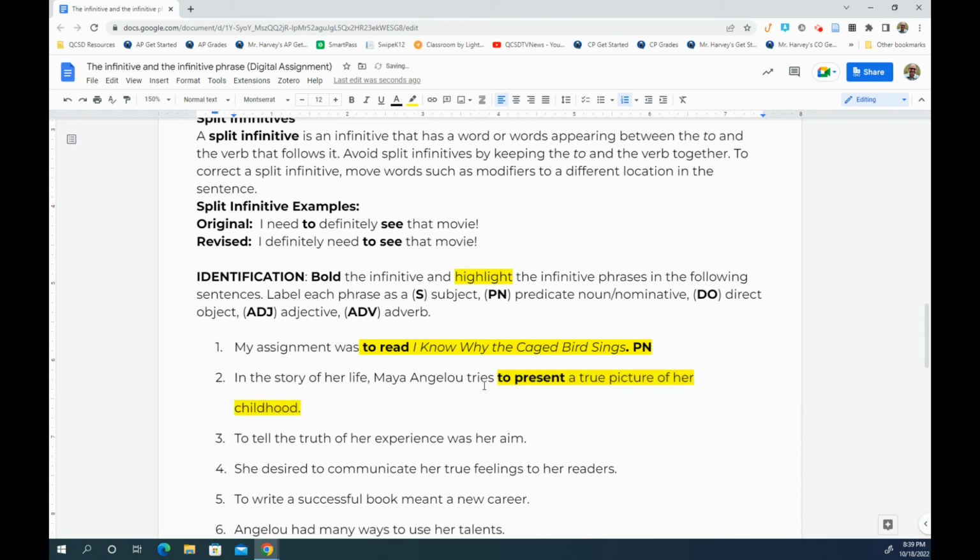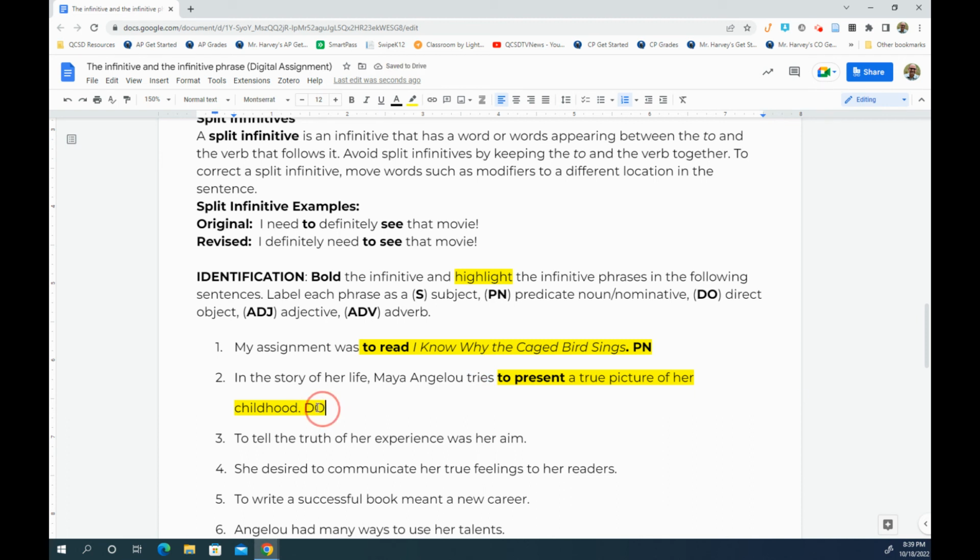And now we've got to figure out what part of speech this is. I'm noticing I have an action verb there, so right away it stands out that what comes after that action verb is probably the direct object, answering the question what. Maya Angelou tries what? She tries to present a true picture of her childhood. So that one is the direct object.